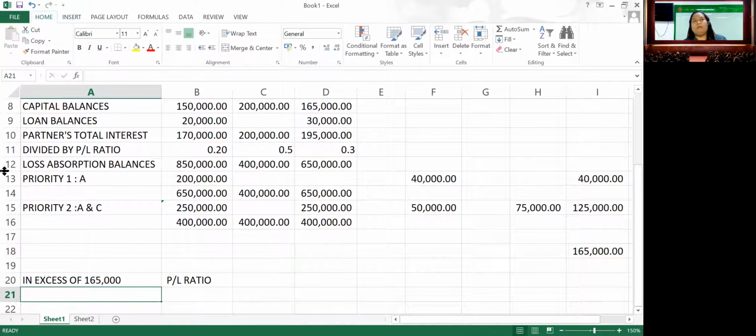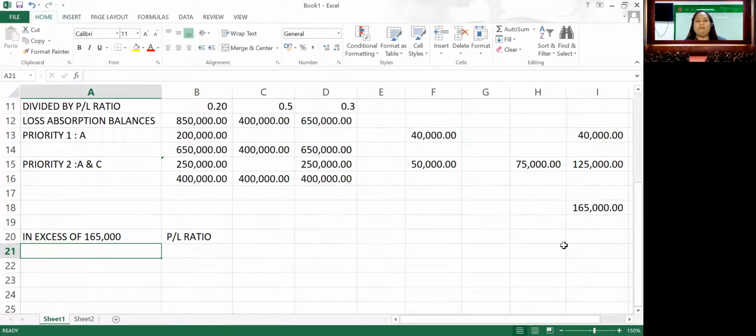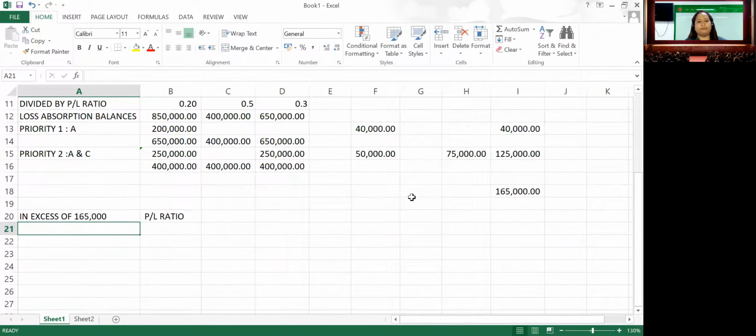Okay, so halimbawa, ang total na naging available na cash for distribution ay 170,000. So, it is more than 165,000, labis ng 5,000. So, yung 5,000, i-distribute na according to their P&L ratio. Okay? So, for us to understand it better, let's have a further illustration.